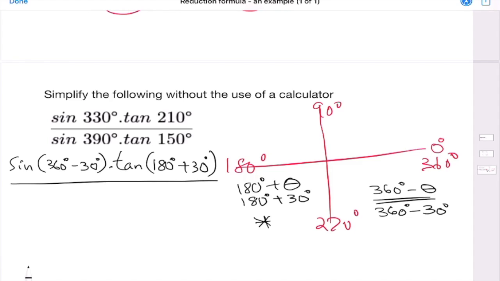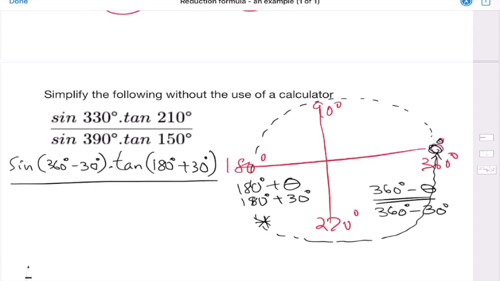Now let's look at the sine of 390 degrees. Again, you will notice sine of 390 degrees should be in quadrant 1. And this is because if we start measuring from 0 degrees here, we are able to complete a revolution, 360 degrees, but we are looking for 390 degrees.